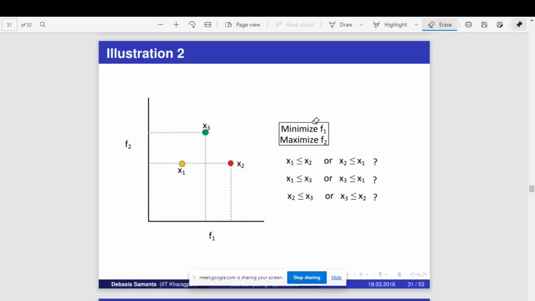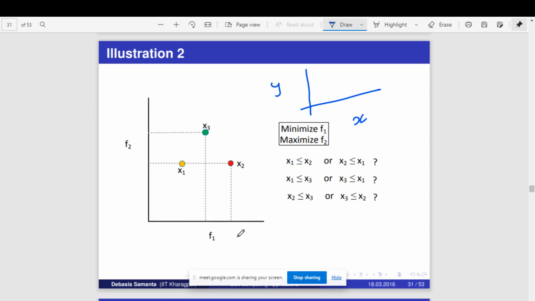See, this is basically something in maths which you might have learned in school. This is the x-axis, this is the y-axis. Instead of that, here we are using f1 and f2.